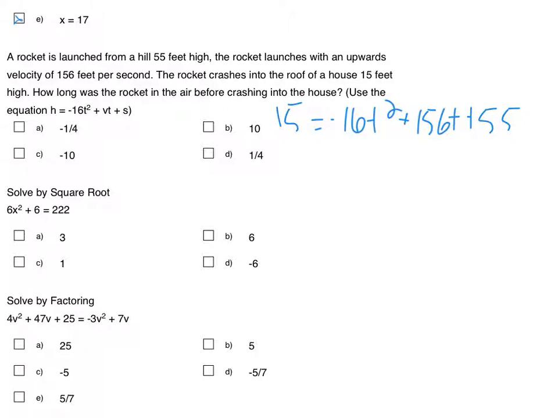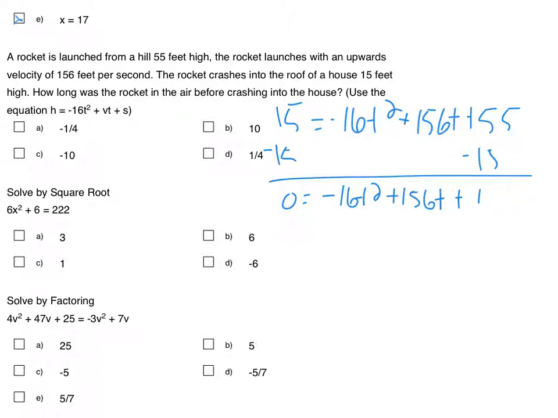So then we want to set it equal to 0, so we subtract 15. And we get 0 equals negative 16t squared plus 156t plus 40. GCF, again our A is negative, so I'm going to pull out a negative along with my GCF, which is 8.